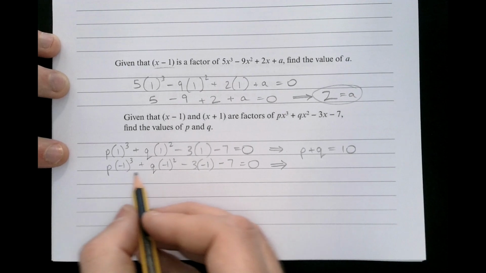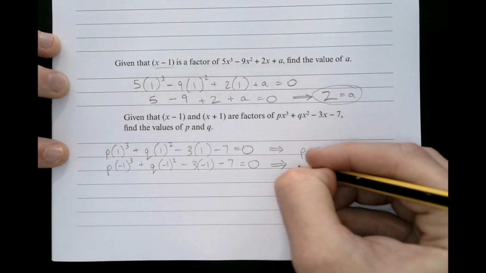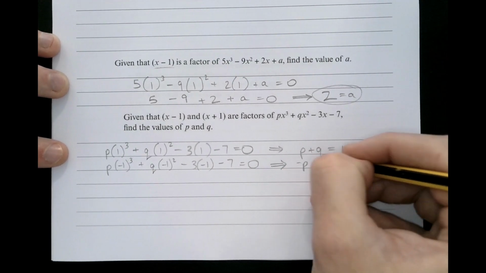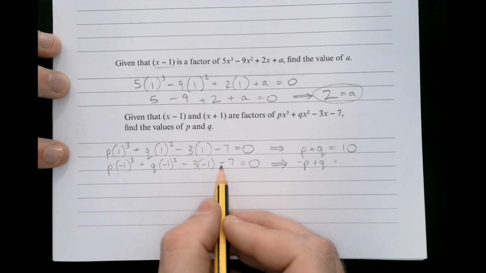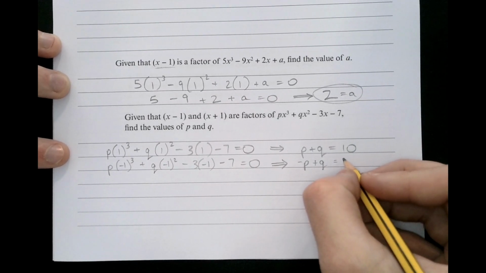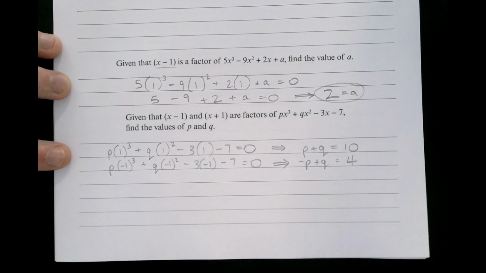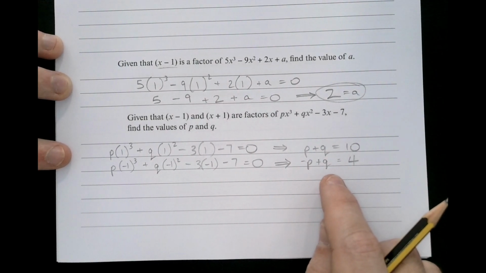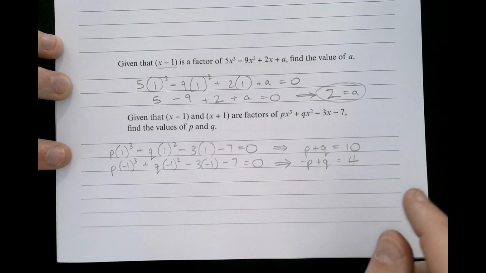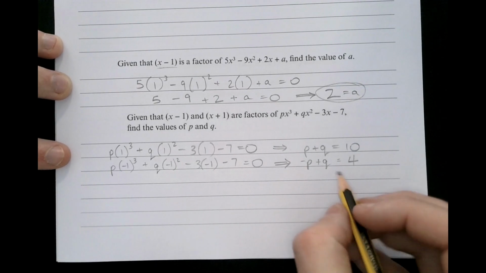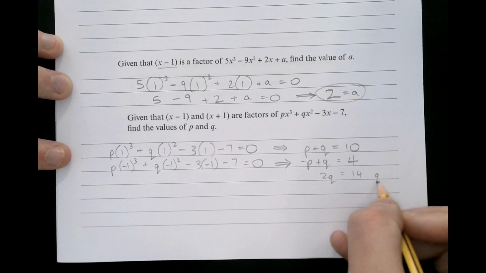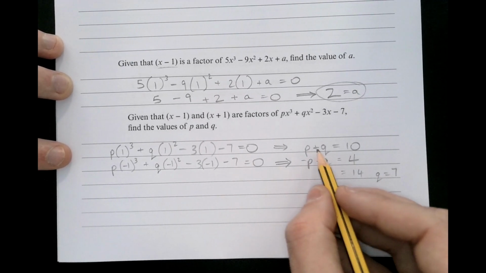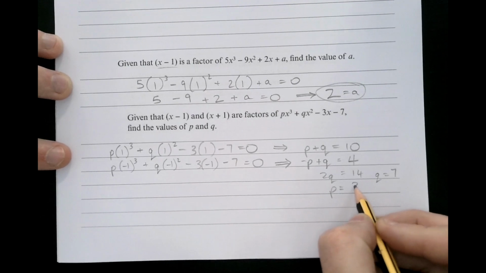So that's minus p, that's positive q. And then this would be minus 3 times minus 1 is 3, minus 7 is minus 4, take it to the other side. And then you can either solve those just like algebraically. It's relatively easy, you just add them together, you get 2q is 14, so q is 7, and p plus q is 10, so p is 3.